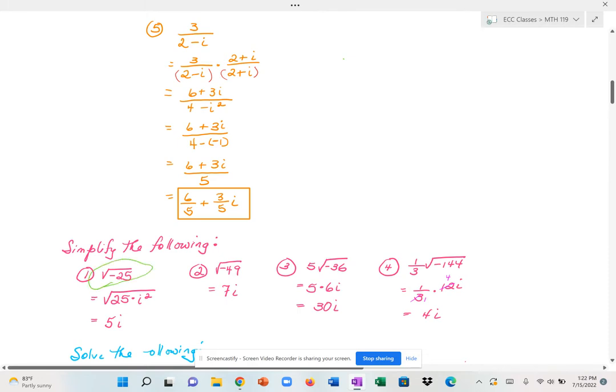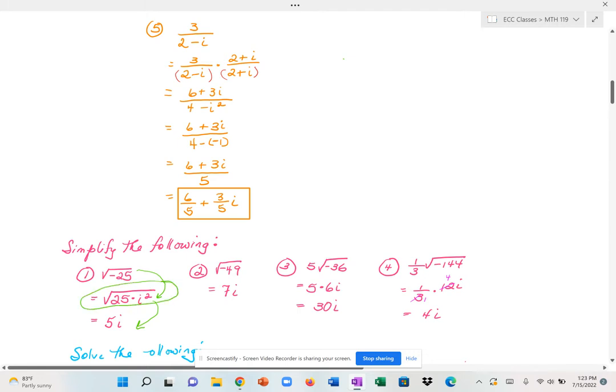There is no real number where you could get an answer for the square root of -25. And that's because the answer is imaginary. So what I did was I used that definition of I squared equal to -1, and I rewrote -25 as 25 times I squared. But both the 25 and the I squared are perfect squares, so when you take the square root of each one, my answer is 5I.